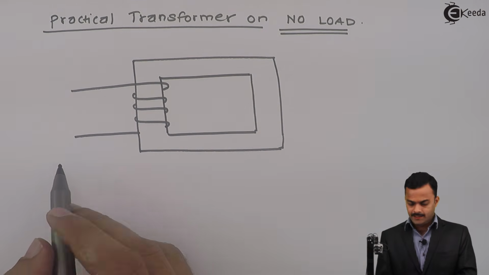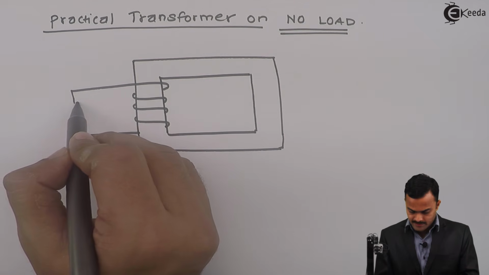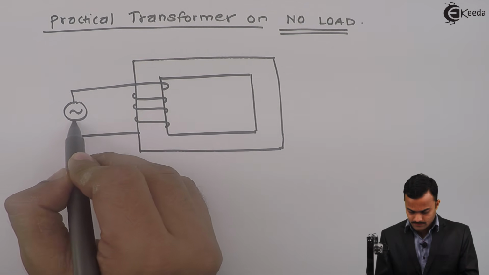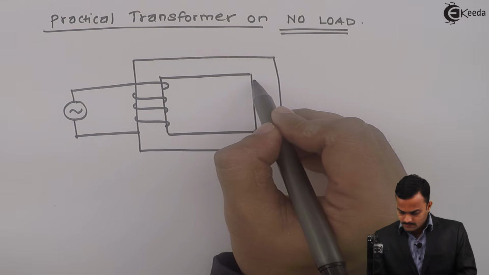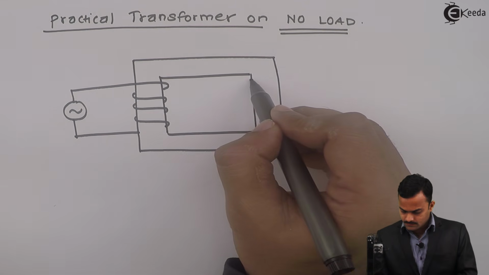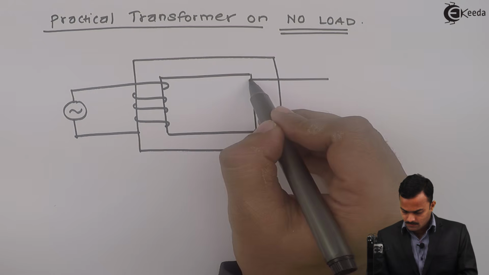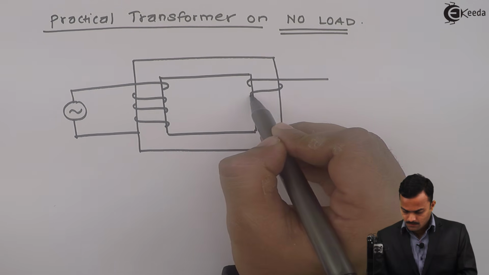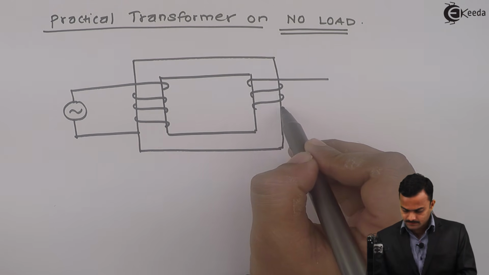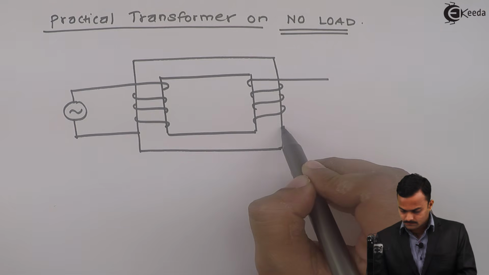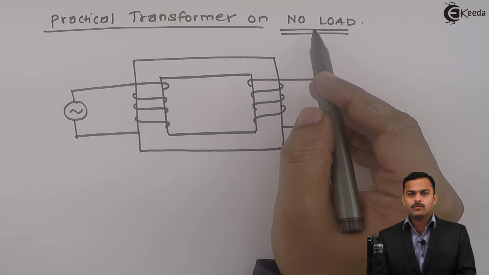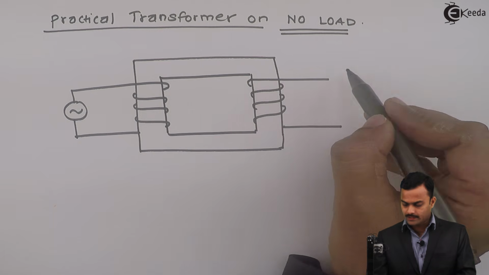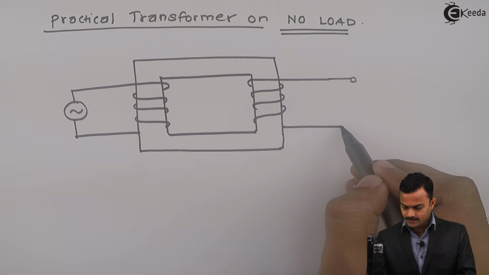This is the primary winding because I am giving supply to this coil. And this is the secondary winding. Right now it is not loaded, so it is open ended.